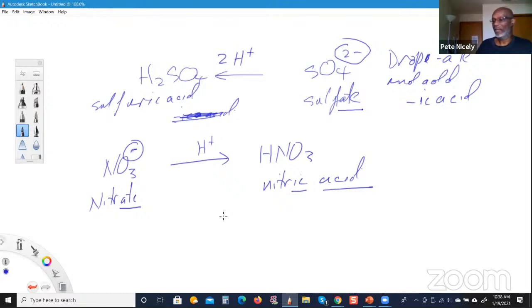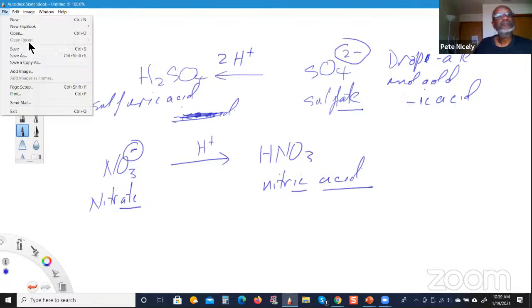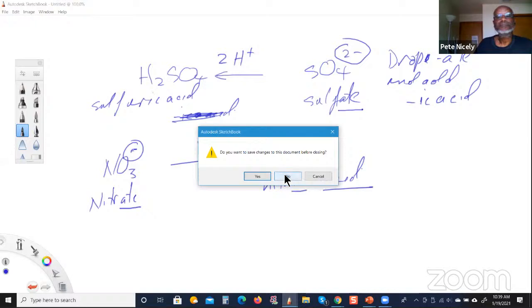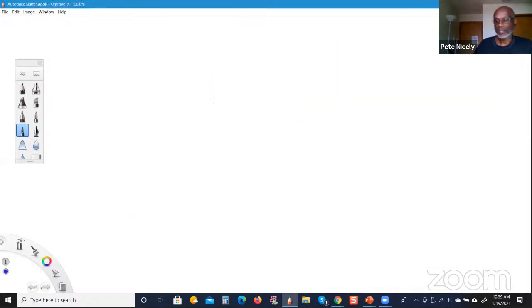Okay. Now there are other acids which have a different type of name where it's not ic ending, but ite, or I should say OUS ending. All right. So let me clear this. So let's take SO3 2 minus, right? This is called the sulfite ion.